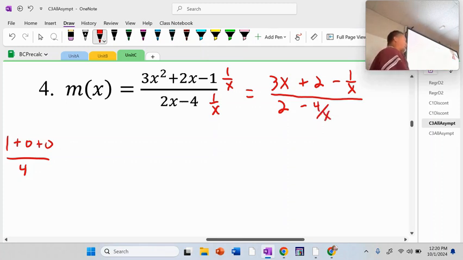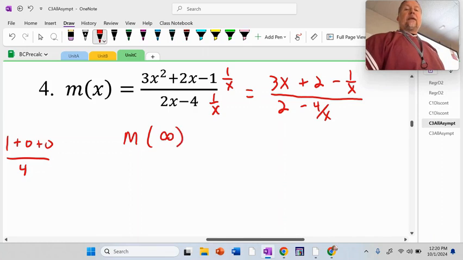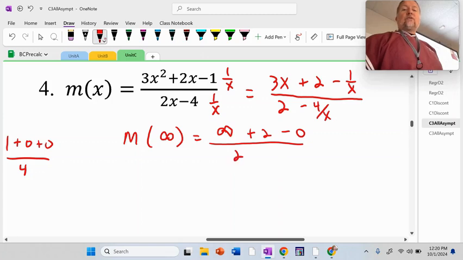Hey, you know what happens when I plug in infinity? What's 3 times infinity? Infinity plus 2 minus 0 over 2 minus 0. What's infinity plus 2 divided by 2?